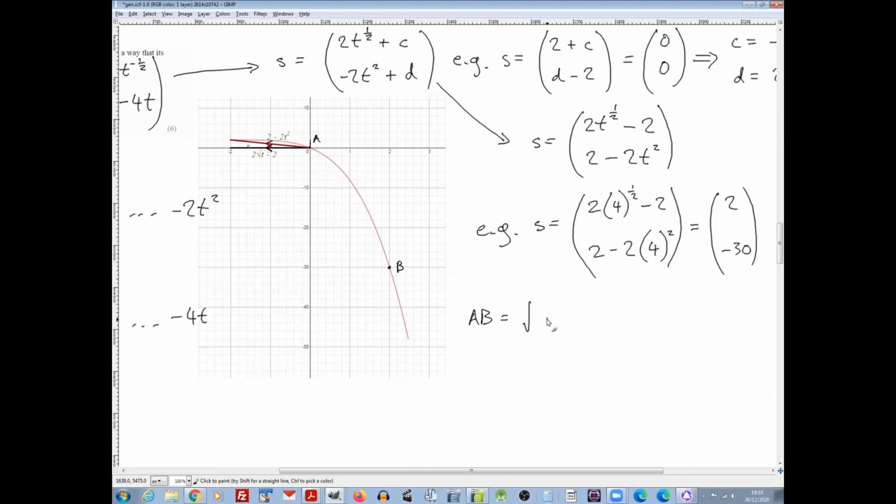Why have we got a root here? Because of Pythagoras. How does Pythagoras work again? A squared plus b squared equals... Oh, that's fine. So it's 2 squared plus minus 30 in brackets squared, and then all of that rooted.